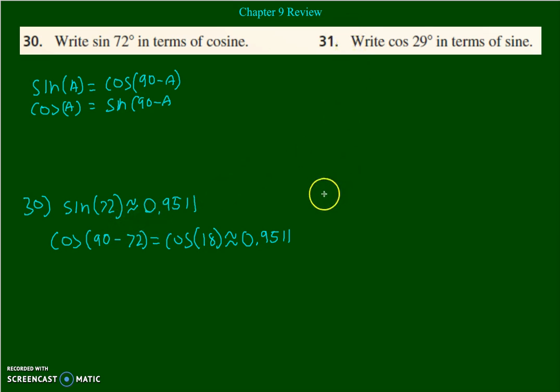Now in 31, we're going to go the opposite way. We want to write cosine of 29 in terms of sine.